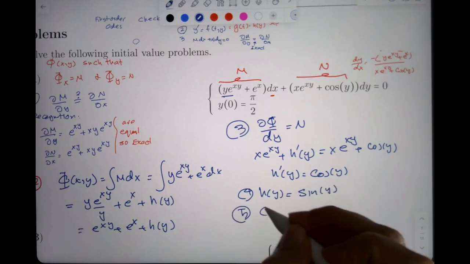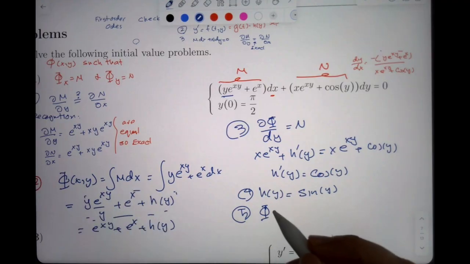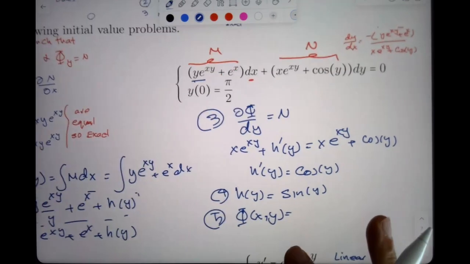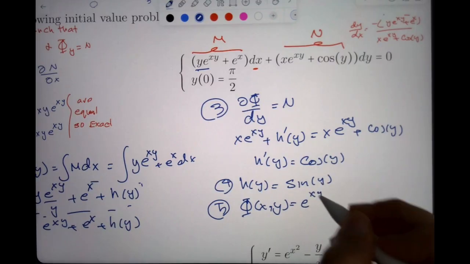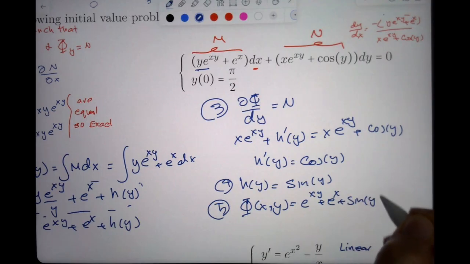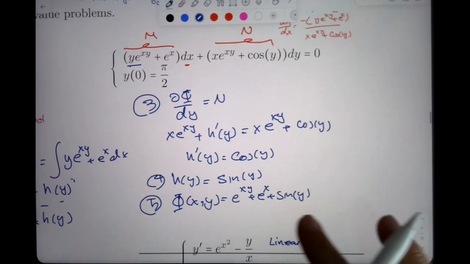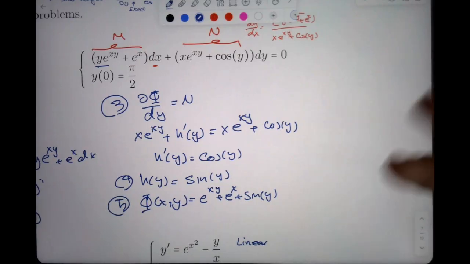Step 5, go back to where you computed phi and replace h of y there. Maybe even put a box around this so you know. So phi of x and y is equal to e to the power xy plus e to the power x plus sine of y. Remember, we're not looking for phi, we're looking for a y, or a solution.